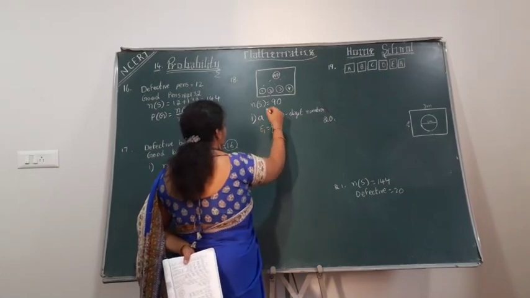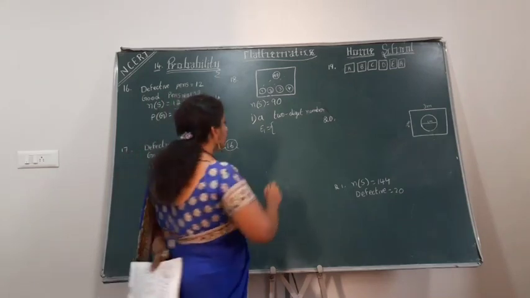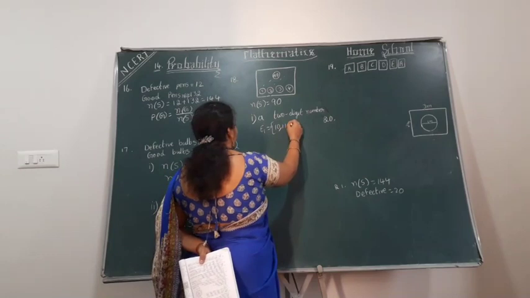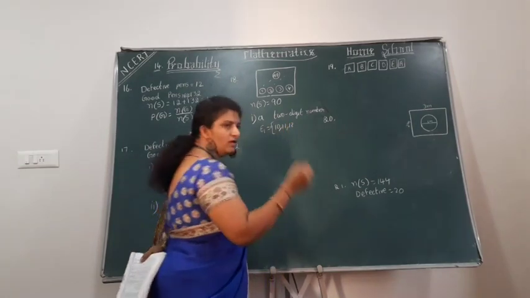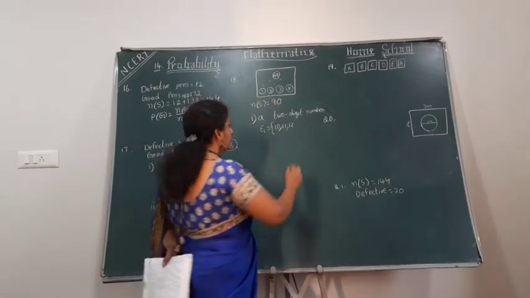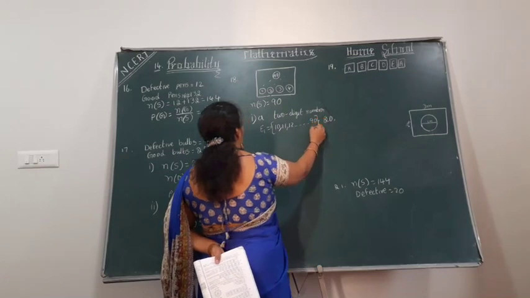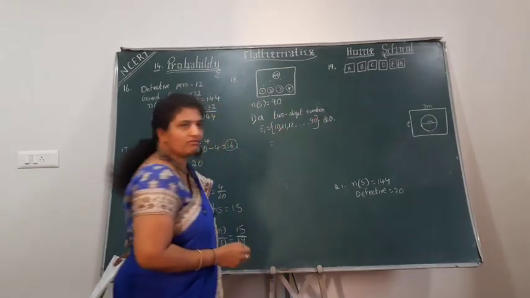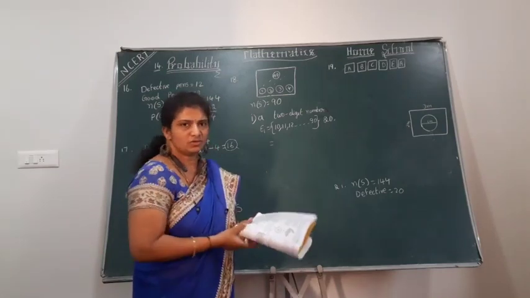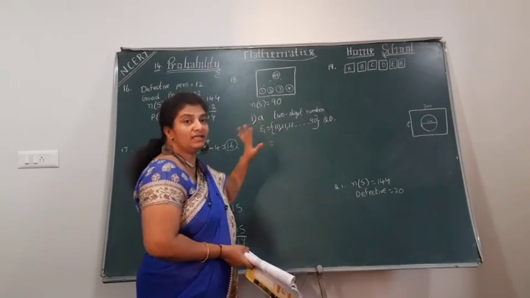Let's start with the flower bracket. What are all the 2-digit numbers you know here? 2-digit numbers start from 10, 11, 12, and so on. How many 2-digit numbers do we have here? Up to 90. Instead of writing all, we can end it like this. So can we count this? No need of counting 10, 11, 12 like this. Out of 90 discs, I am not considering 9 discs.